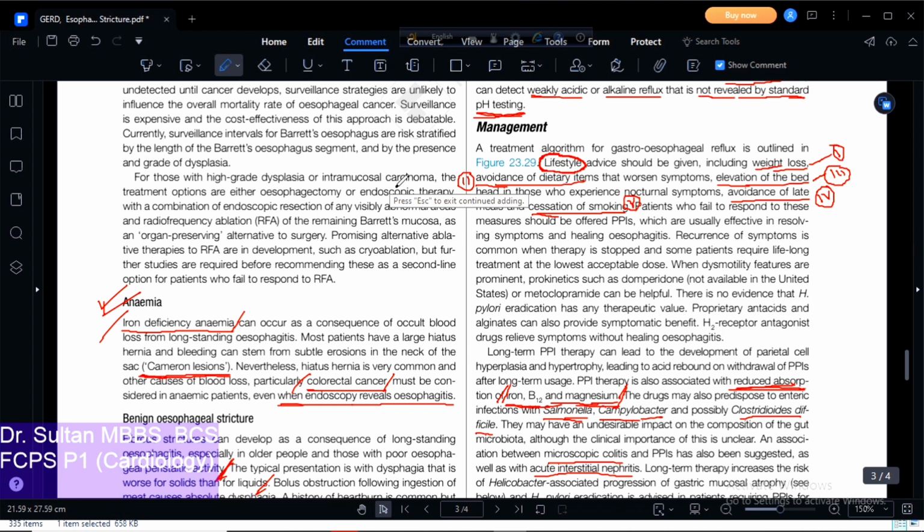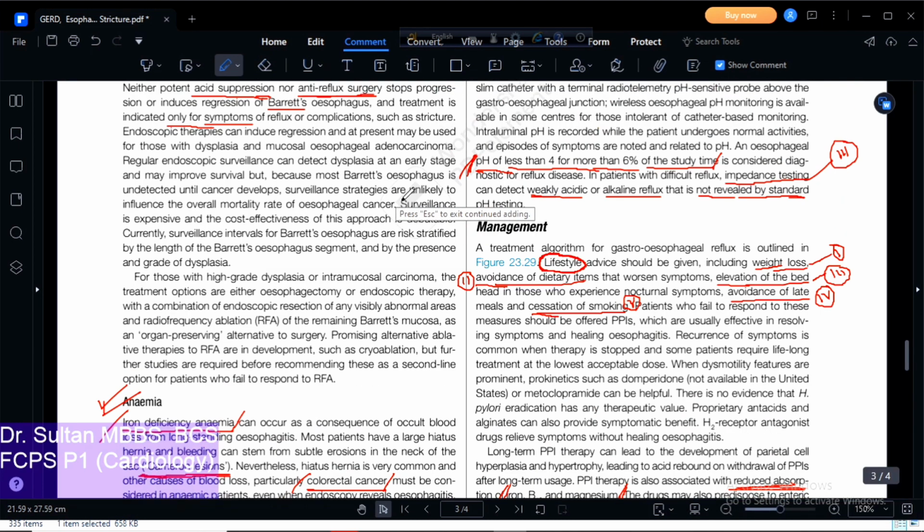An important feature is anemia, and it can cause iron deficiency anemia, as there is occult blood loss from long-standing esophagitis. It causes esophagitis, there are infections, there can be inflammations, and there is occult blood loss, and that causes iron deficiency anemia.